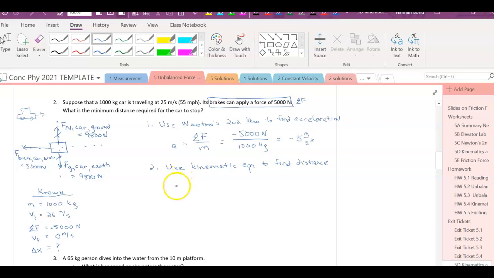And that's going to be the third equation, vf squared equals vi squared plus 2 times the acceleration times the displacement. I'm solving for displacement, and so that would be the final velocity squared minus the initial velocity squared divided by 2 times the acceleration.